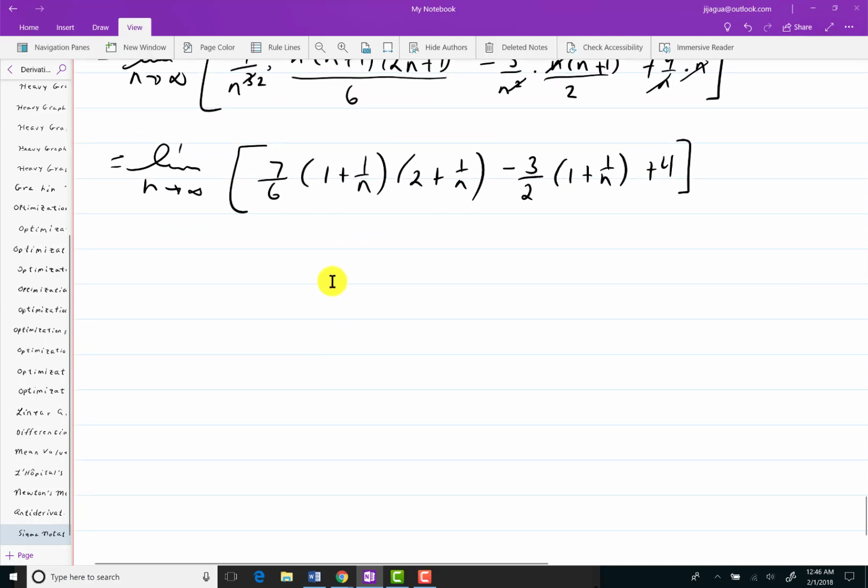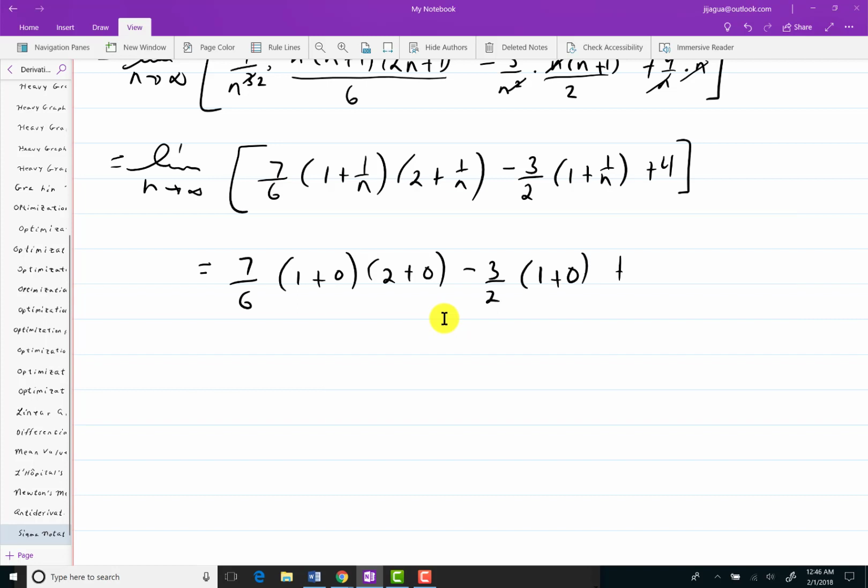And now I'm ready to do limits. All these 1 over n's become zeros. So that's 7/6 times 1 plus 0 times 2 plus 0, minus 3 halves times 1 plus 0, plus 4. So this 2 and this 6 I can cancel a little bit. I have 7/3 minus 3 halves plus 4.